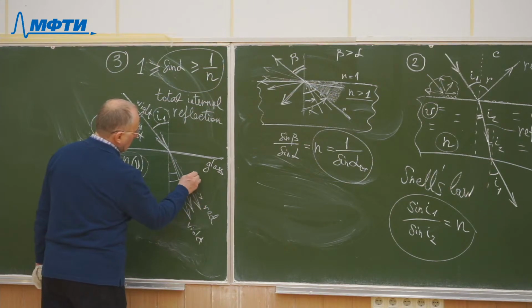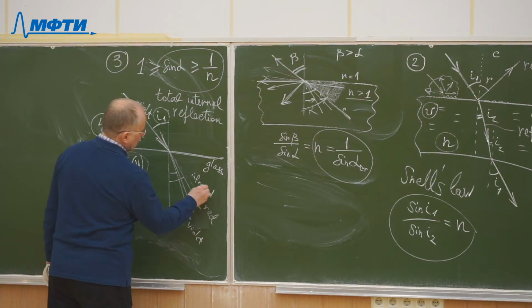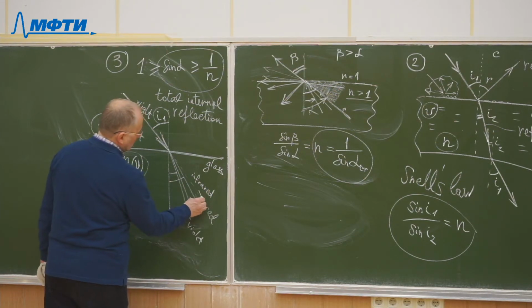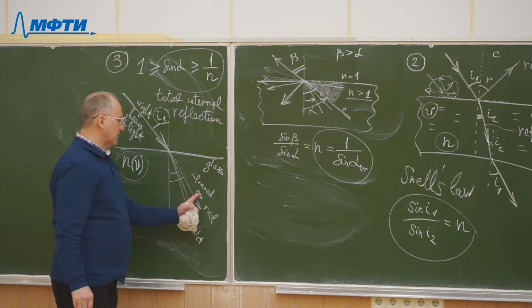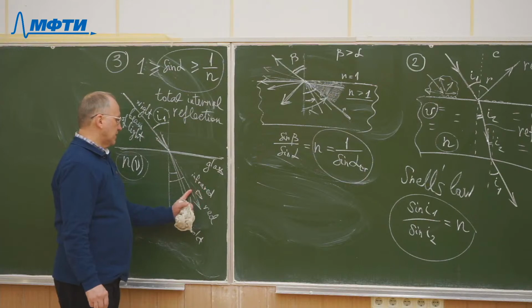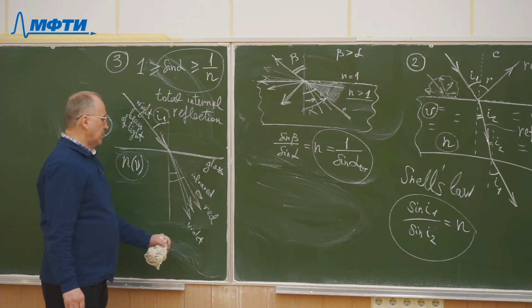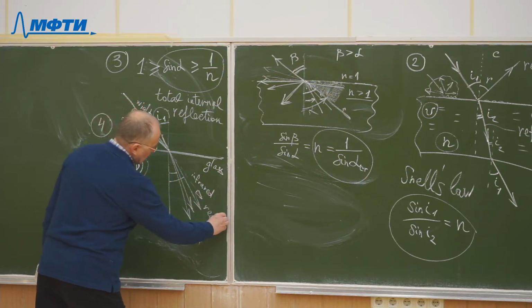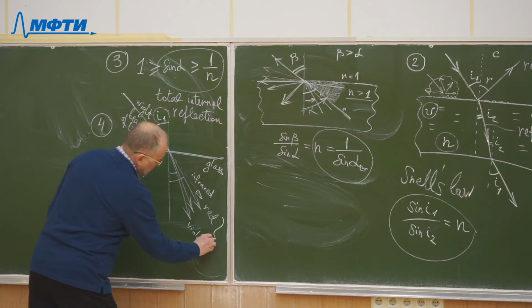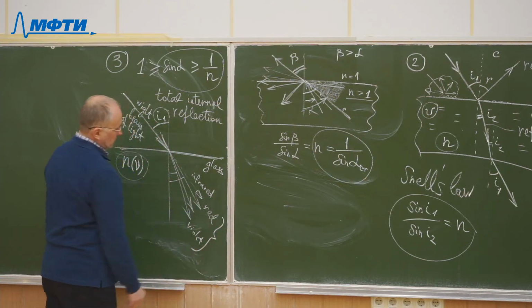We can't see infrared radiation with our eyes, but it is there, and it can be detected by special infrared detectors. We don't see it, but it's there. So different frequencies will go in different directions, and we can observe all these different colors of light.